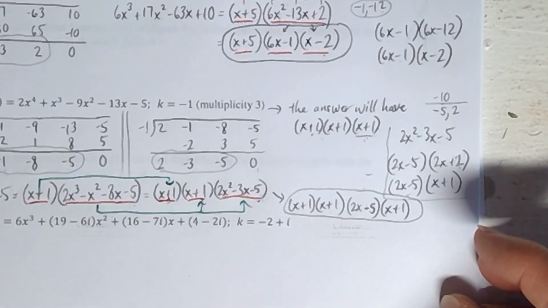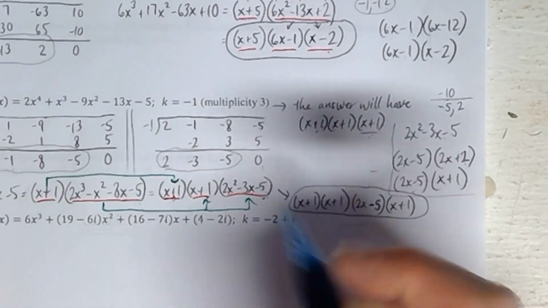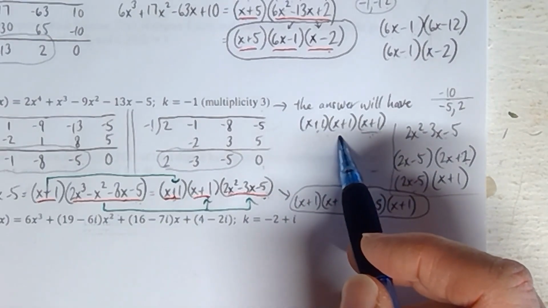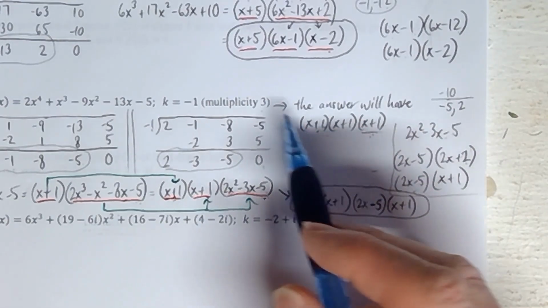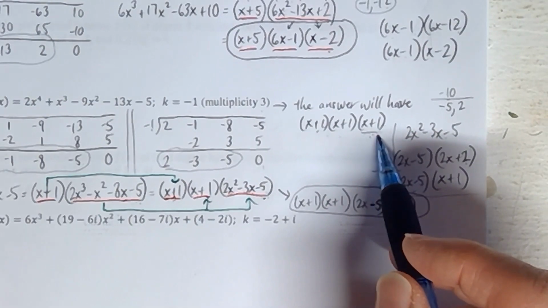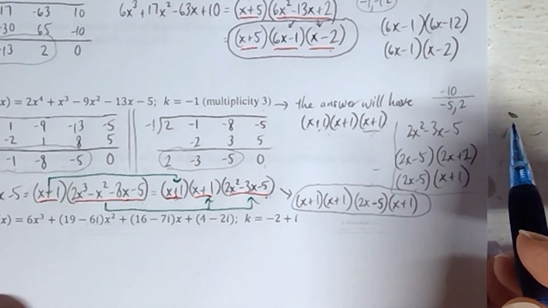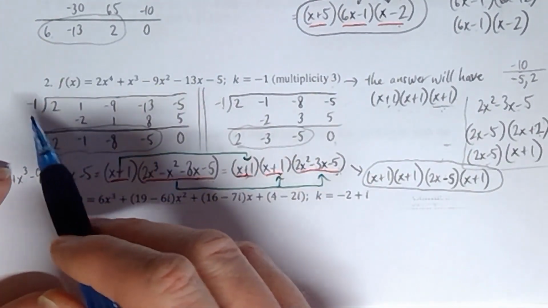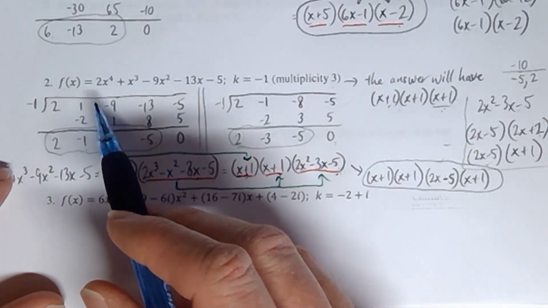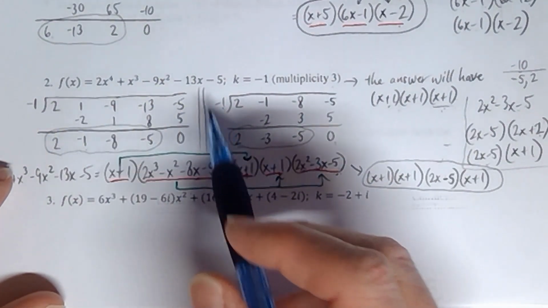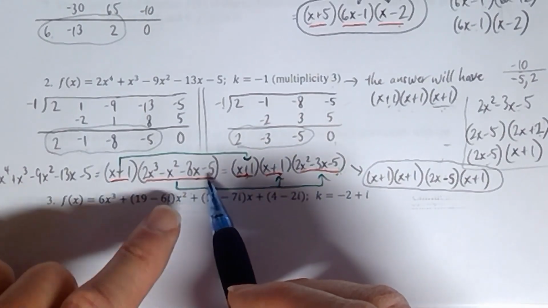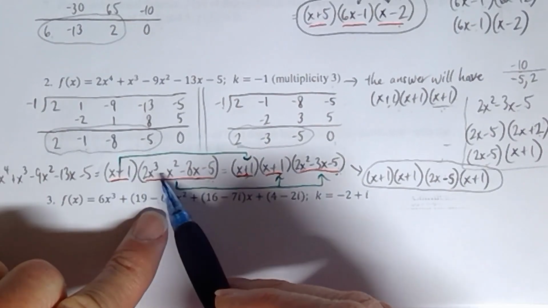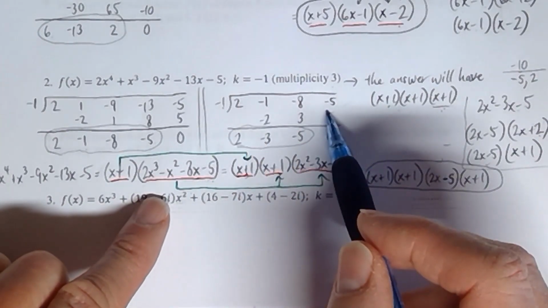Okay, so if this had said multiplicity 2, then you'd have x plus 1, and just a couple of them, all right? But because it's multiplicity 3, we knew that we had to have 3 of those. And so when that type of thing happens, what you can do is you can do -1 on the original function. You can then take the leftover factor after you got the linear factor right here and do -1 again on that.